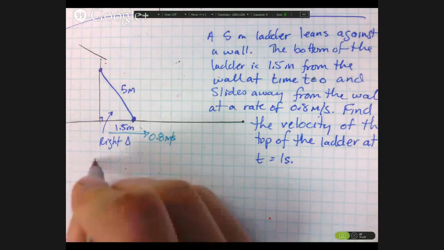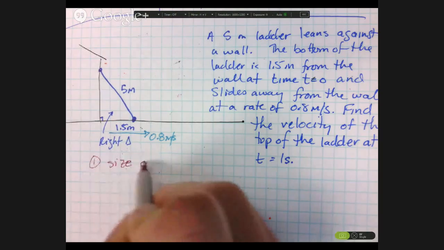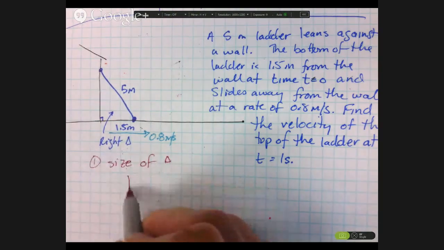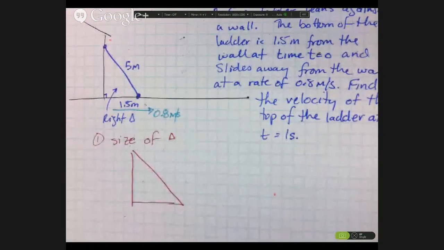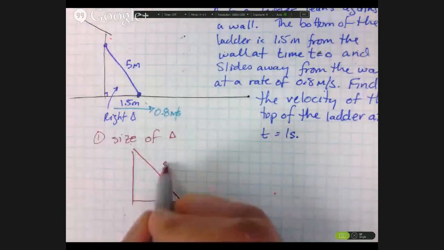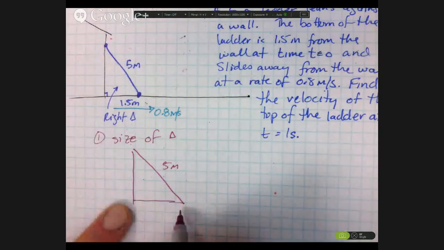Okay, step 1 is to find the size of our triangle. We know this is 5 meters. Is that going to change? How far away from the wall is this at 1 second?